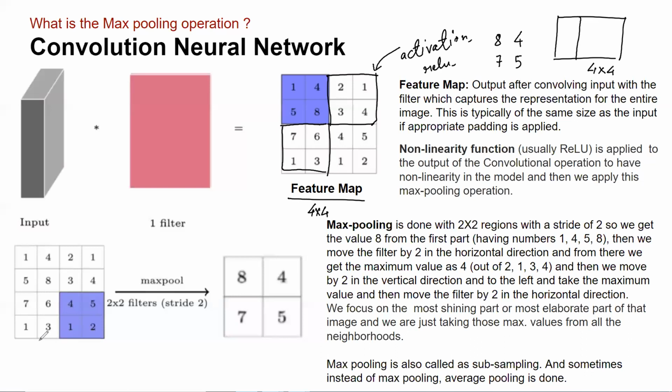So far, we have an input image, then I apply a convolution operation, then an activation function, and after that max pooling. This has reduced the dimension of my feature map. Now, after this, I'll further apply a convolution operation.